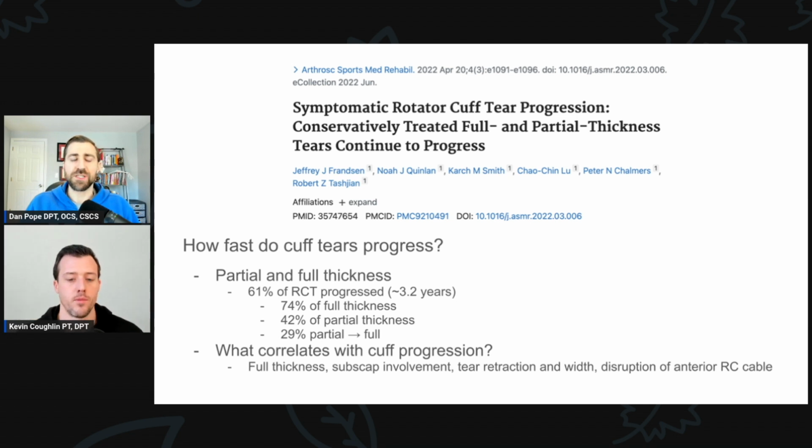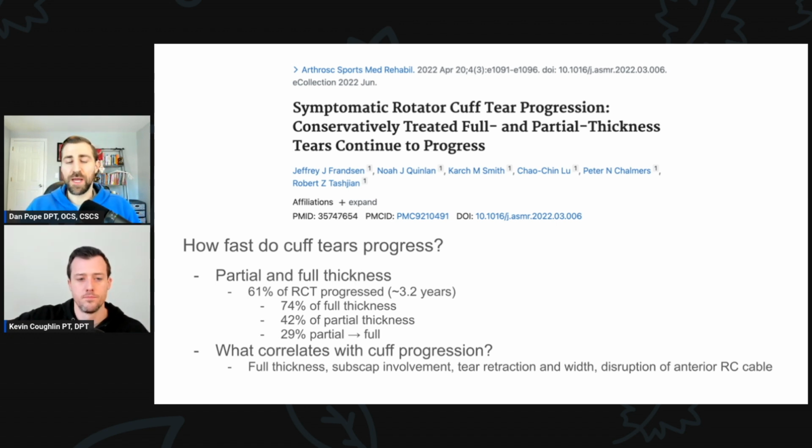Some other stats, 74% of full thickness rotator cuff tears progressed, right? Only 42% of partial thickness rotator cuff tears progressed. And 29% of these went from partial to full, right? So essentially at the 3 year mark, a little over half of these are going to progress, and you're more likely to have a full thickness rotator cuff tear progress faster, which we talked about before, right?